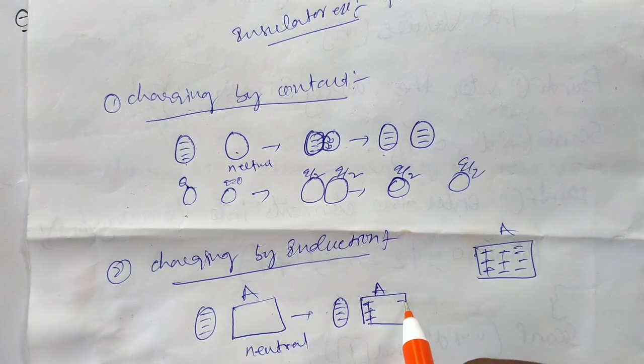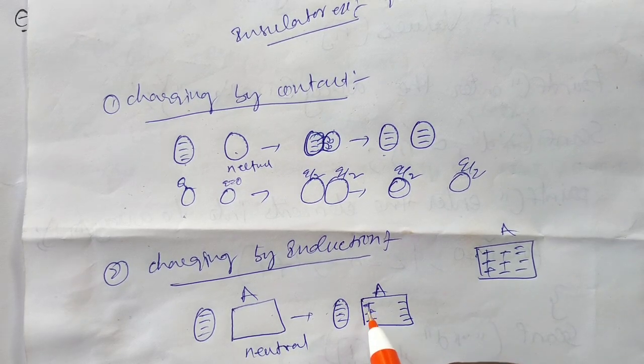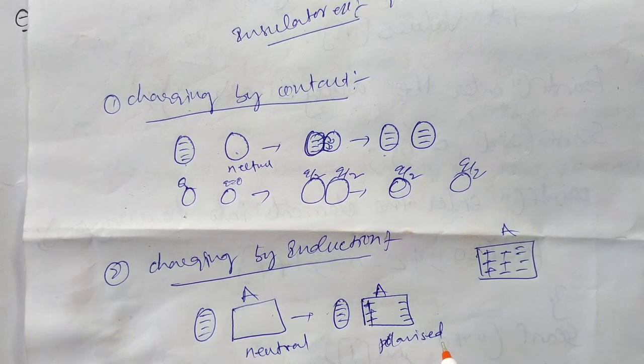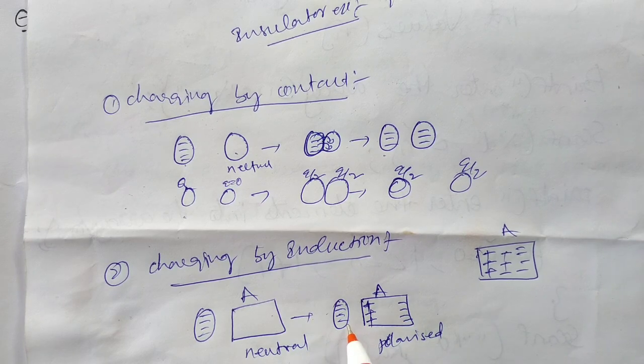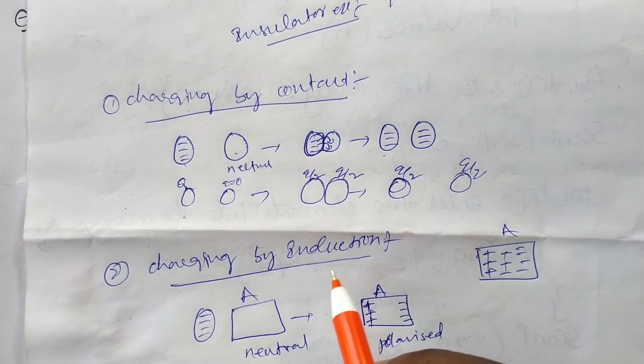On one side negative charge is formed, and on the other side positive charge carriers are formed. That is polarization. The neutral body is divided into parts, one side positive and one side negative. This type of charging is called induction.